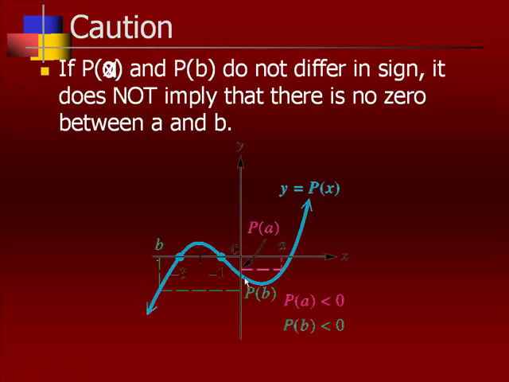For example, if this is p of a and this is p of b, and they're both negative, does that mean that there's no zero in there? Not necessarily, because we could jump back up and cross the x-axis.